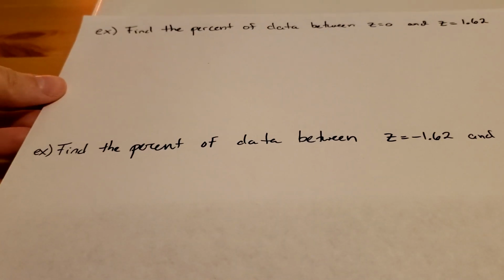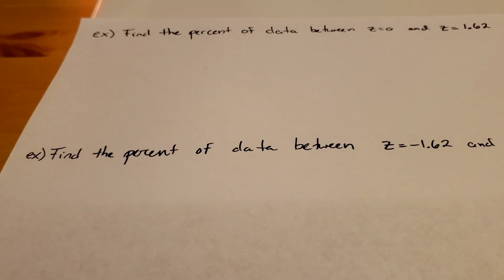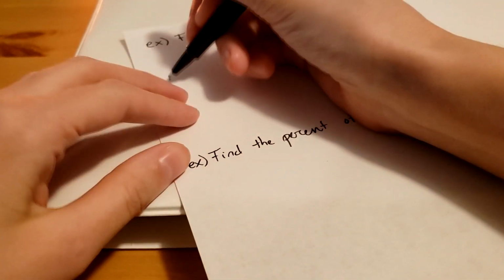Let's say we want to find the percent of data between z equal to 0 and z equal to 1.62. First we'll draw a picture representing what's going on here to visualize this.